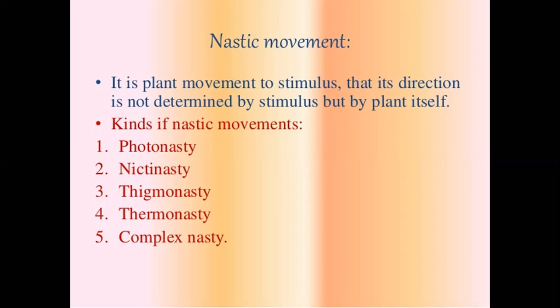Nastic movements. As I already told you, the paratonic movements are of two types: tropic movements, which we have discussed, and now the second, nastic movements. A nastic movement is a movement to a stimulus that is not directional, or is determined by the plant itself.